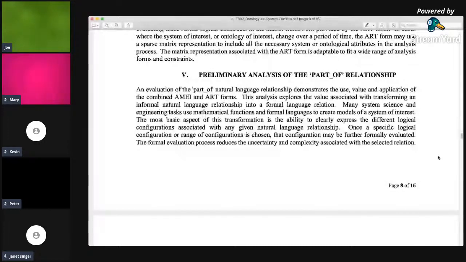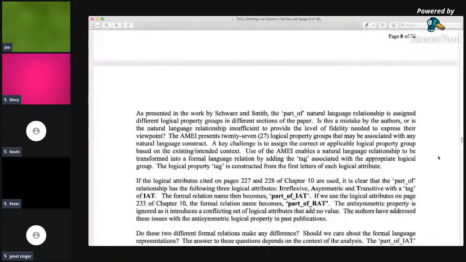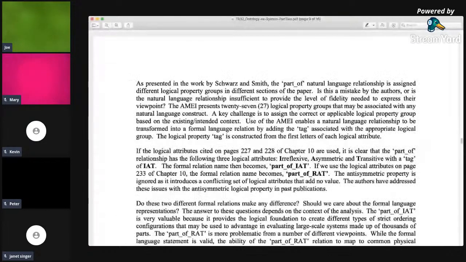Now we're developing a map between natural language and the formal language, and that goes through the auspices of the AMEI. It starts reducing uncertainty, reducing complexity, and increasing the fidelity of our communication.